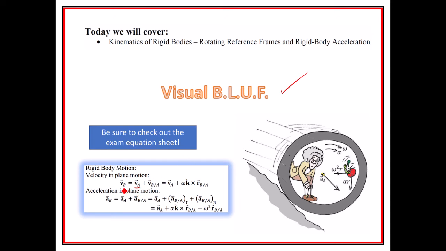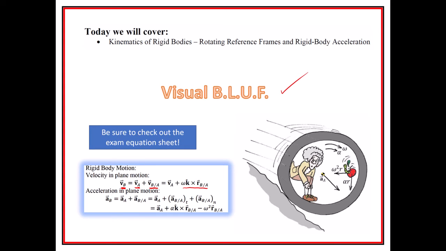For velocity, if we wanted the velocity of B, we took a reference point on the rigid body, call it velocity of A, and then we took the velocity of B with respect to A to be able to define the velocity of B. That allowed us to fully define what the kinematics were of the rigid body. And that velocity of B with respect to A in one plane in 2 dimensions was omega k crossed with r, the relative position vector, right there.